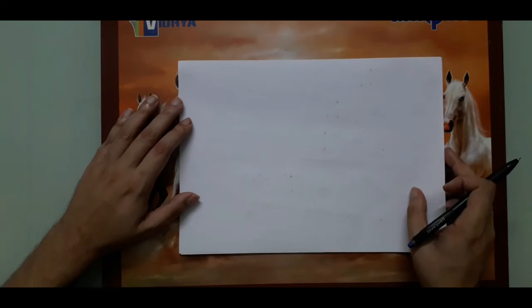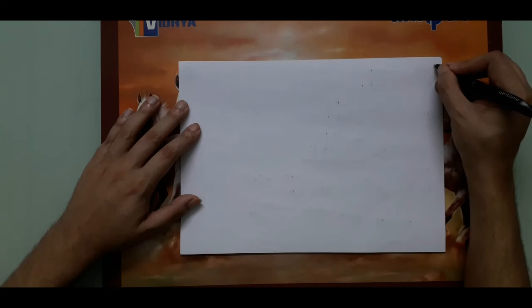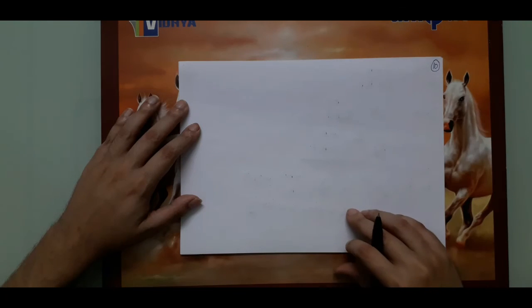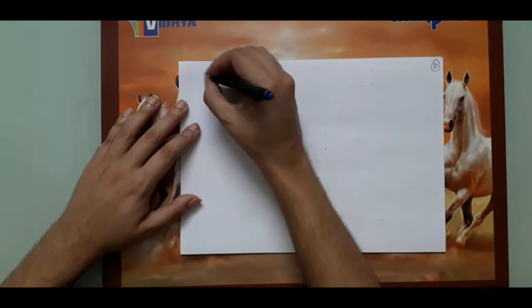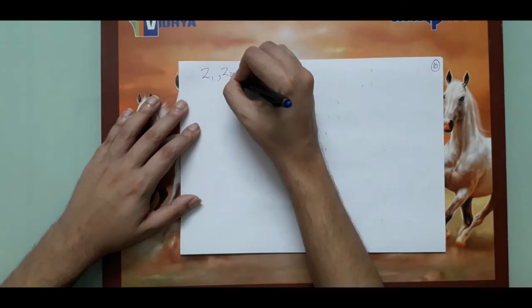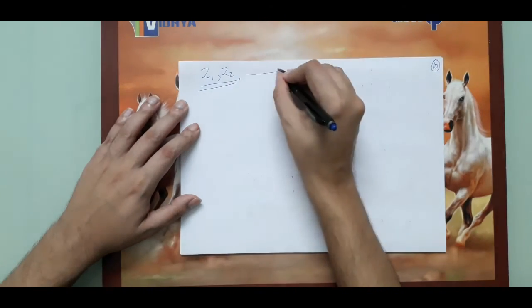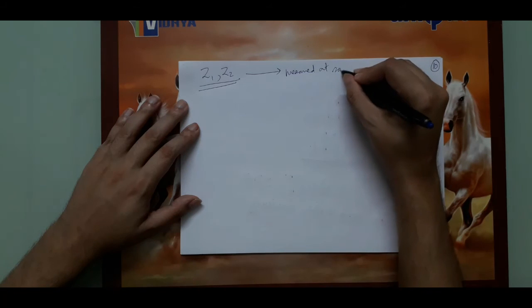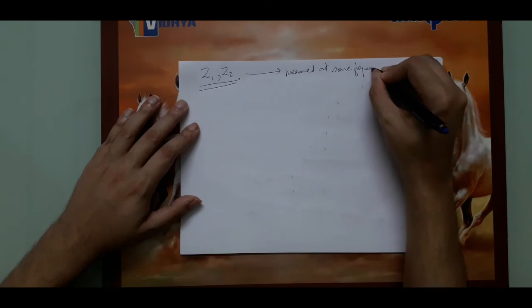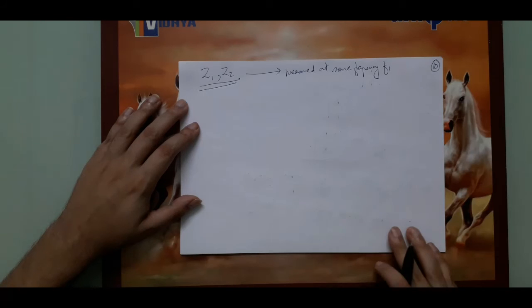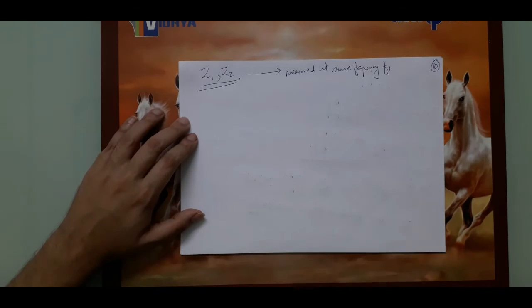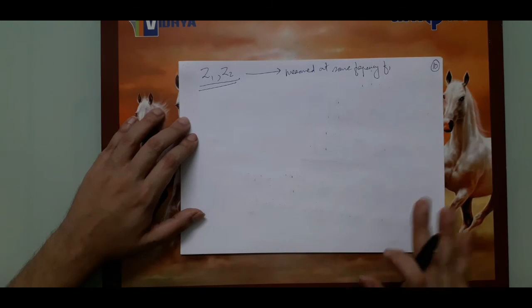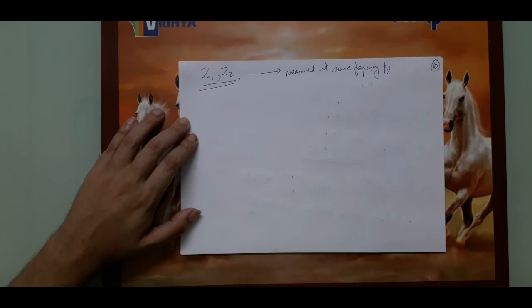Now let's take an example. Let's say I have Z1 and Z2, which I have measured at some frequency f1. Rather than looking at the wavelength, I am going to look at the frequency and thereby remove that error.